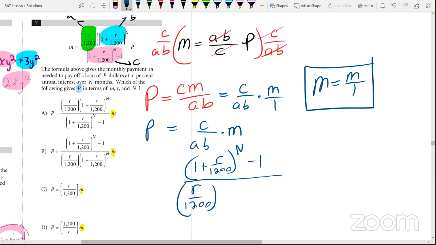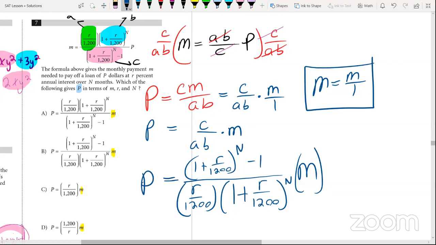And the B is the blue one, 1 plus R over 1200 to the N. And don't forget that we have an M that was just in the middle. So this is our new expression after we take out the simple little terms that we created and replace them with the complicated ones. You get an answer choice that looks exactly like choice B.